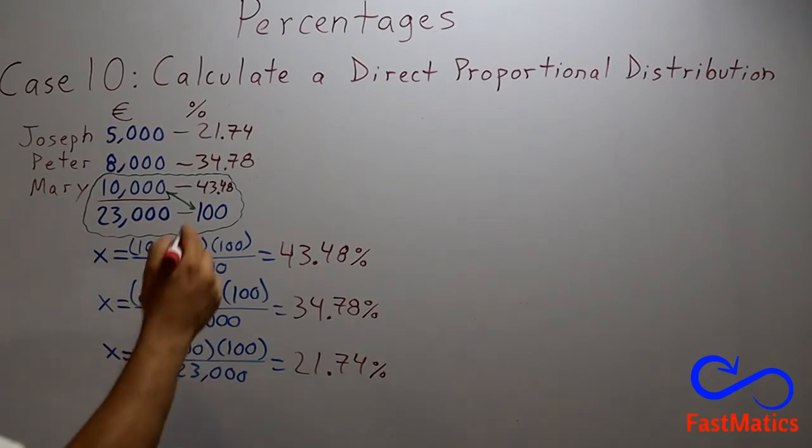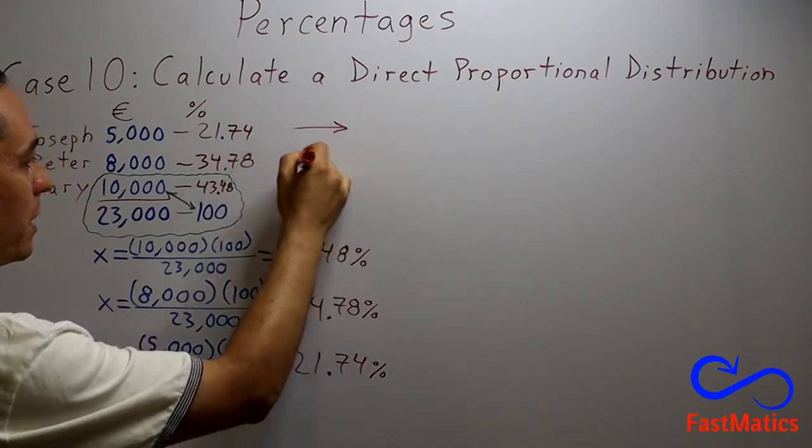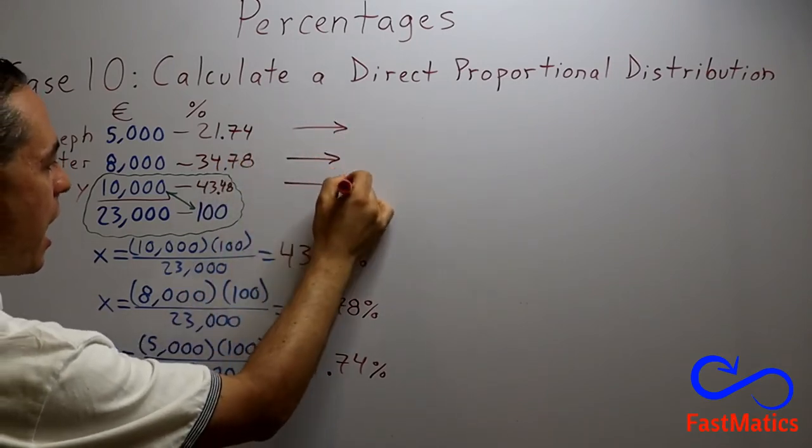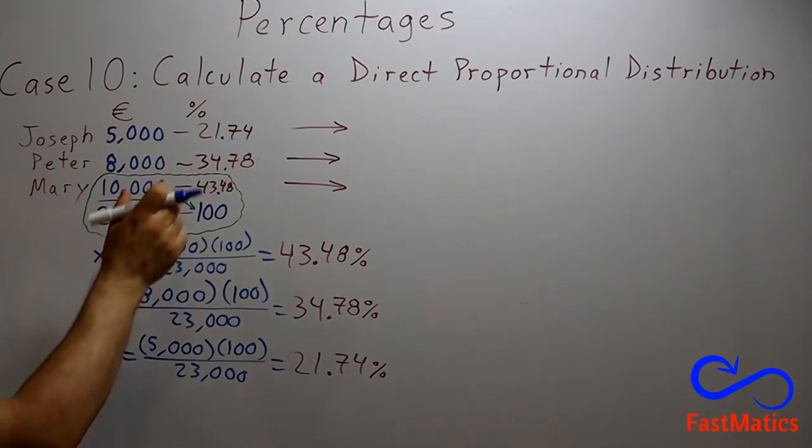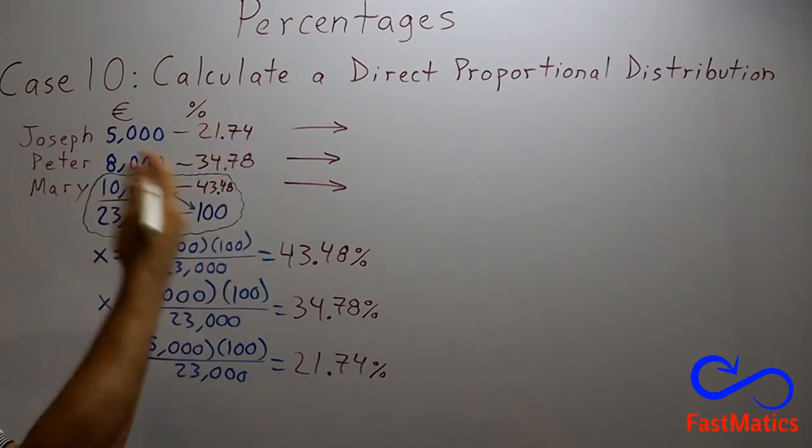Now it is very simple. We are going to see how much money Joseph, Peter, and Mary are gonna get. First of all, you have to write the percent in a decimal form.